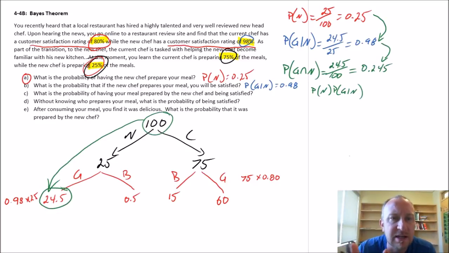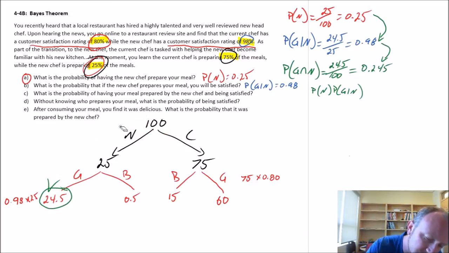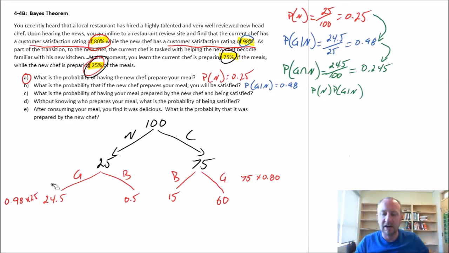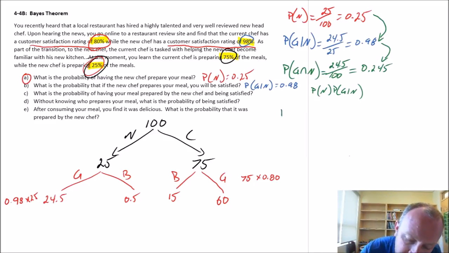Now, part D, without knowing who produces your meal, what is the probability of being satisfied? So now I don't know who's going to produce it. What is the probability that I'm going to be satisfied? Or let's say, keep our notation constant here, what's the probability of getting a good meal?